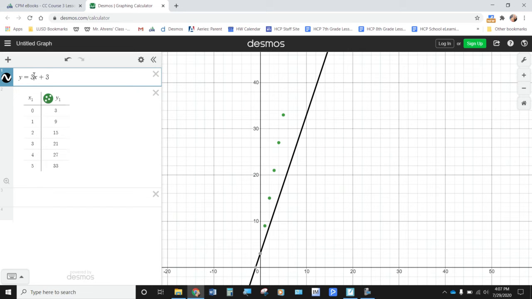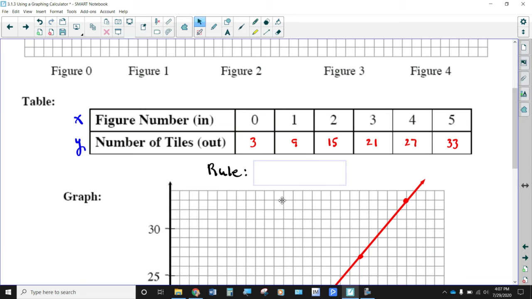Okay, we're getting closer. Now let's go back to the table for a second. What was the growth rate? How much was it going up by every single time? It was going up by 6, right? And if you think back to the previous lesson when we were talking about the redwood trees, if it grew 4 feet per year, and x was the number of years, then the 4 became a multiplier, correct?